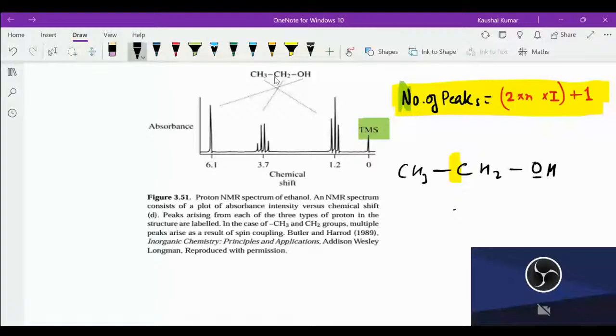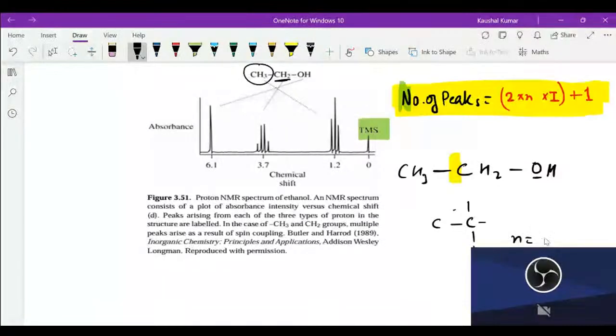For CH2 coupling with the CH3, the value will come like this. Here n is what? n is the number of nuclei. How many nuclei are you coupling with in the CH3? The number of nuclei will be 3.